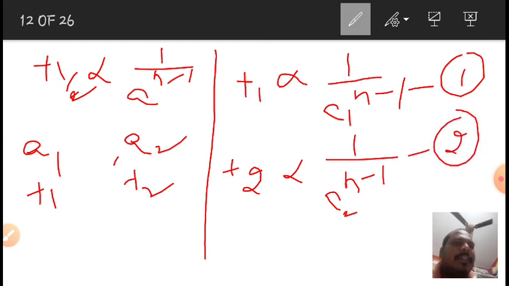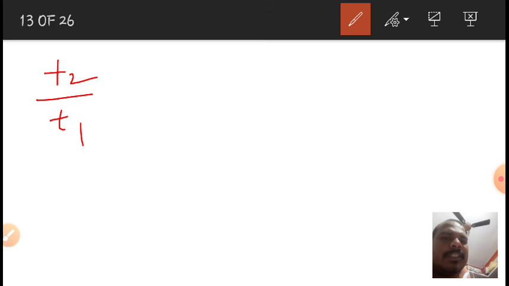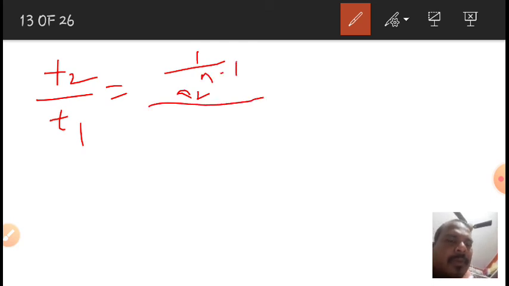If we divide equation 2 by equation 1, then on the left side T2 by T1, these are half lives, is equal to 1 by A2 to the power of n minus 1 divided by 1 by A1 to the power of n minus 1.